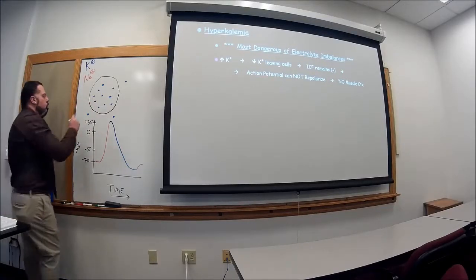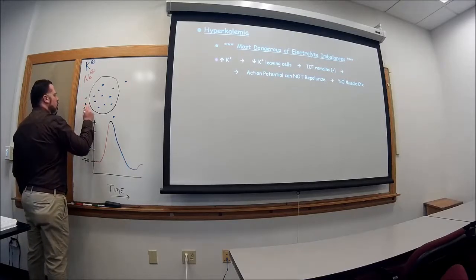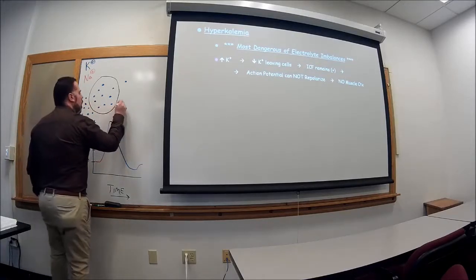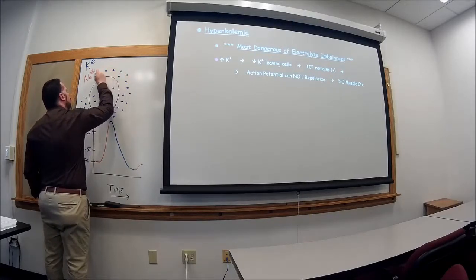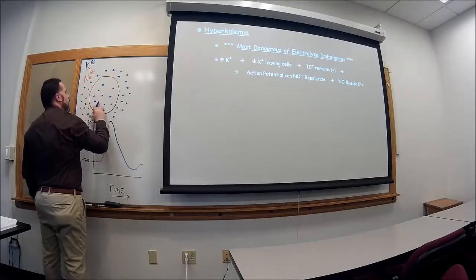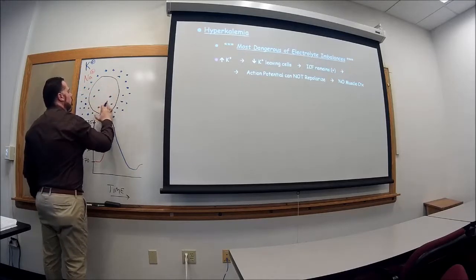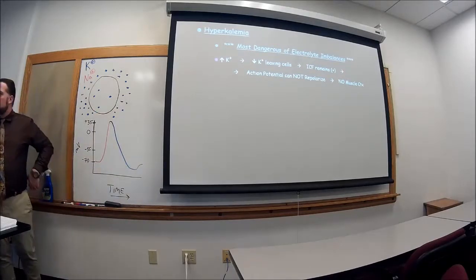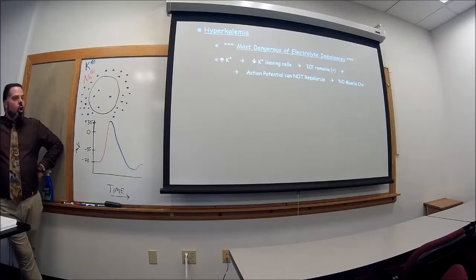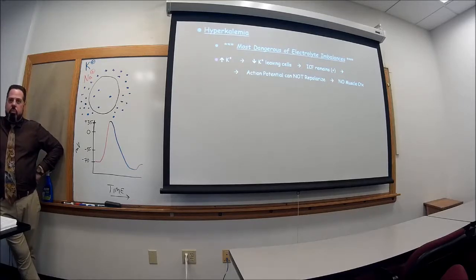But what if we put more potassium outside the cell? If you put more potassium outside the cell, then, I'll just show you like this. If we open up potassium gates, does potassium want to go into the cell or out of the cell? Into. That's going to mess up this whole thing, is it not? See the issue? All right?